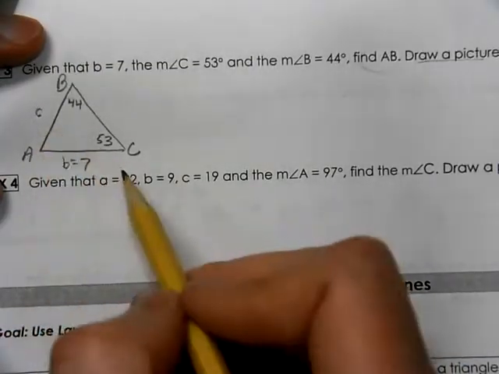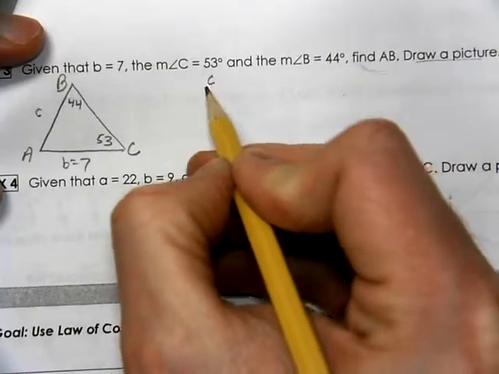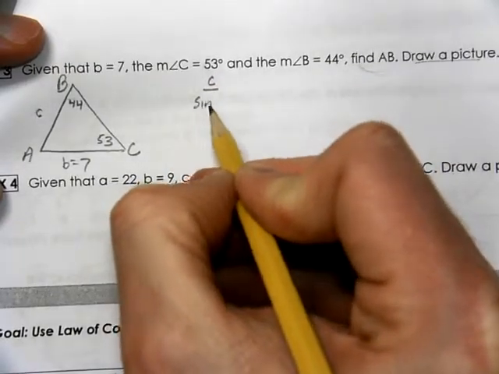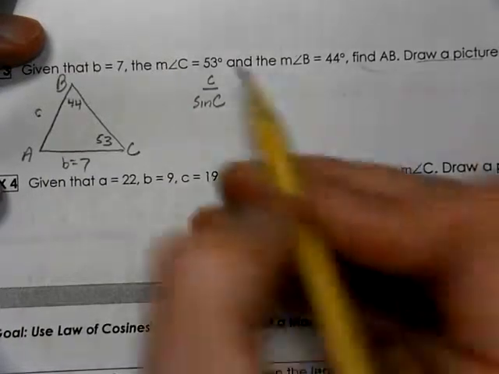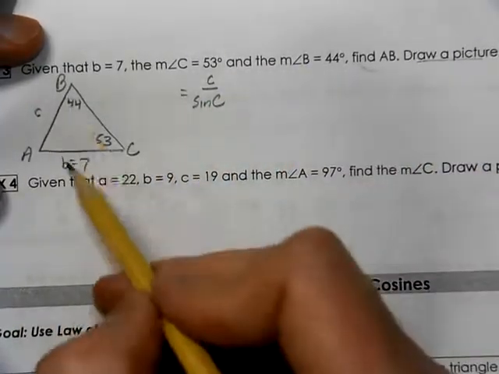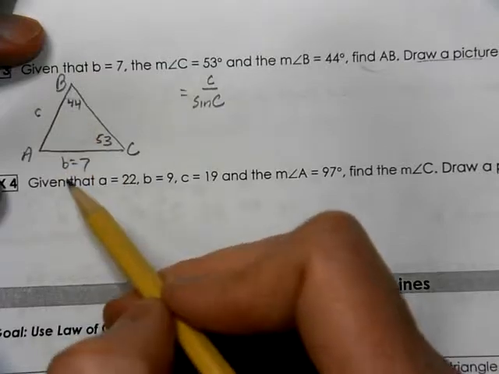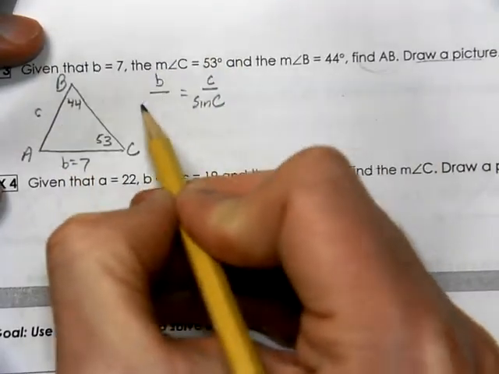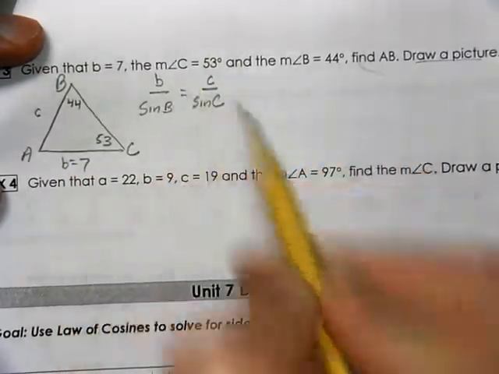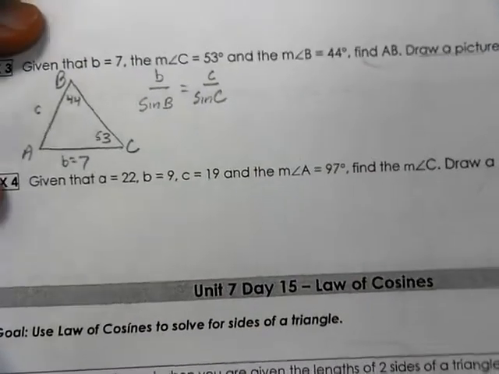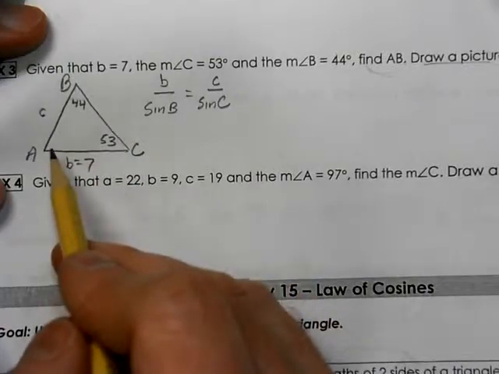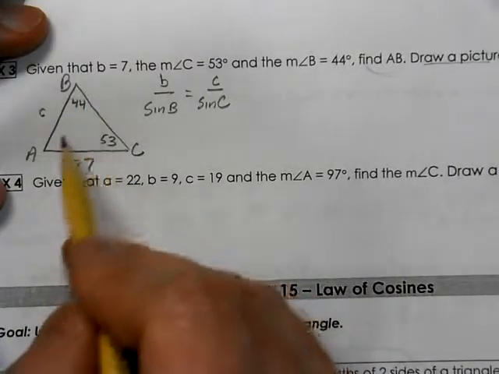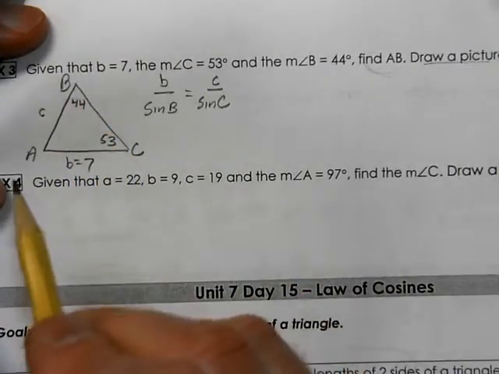So since we're solving for side C, we're going to definitely use the fraction of C over sine C. And again, they give us information for B. So again, I'm not going to work with A. You could figure out angle A by subtracting from 180, but I still wouldn't know the opposite side.